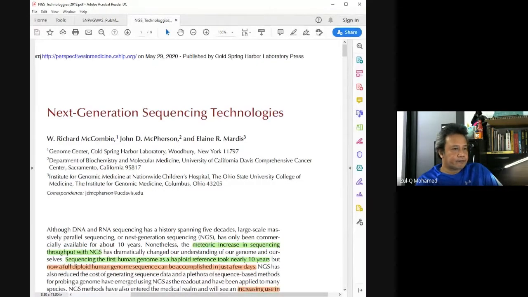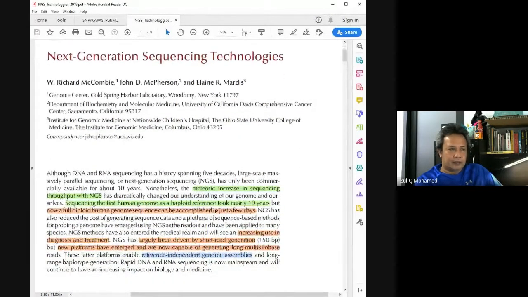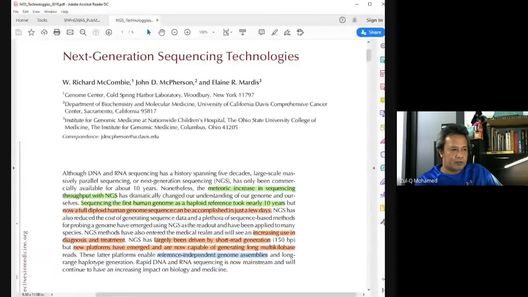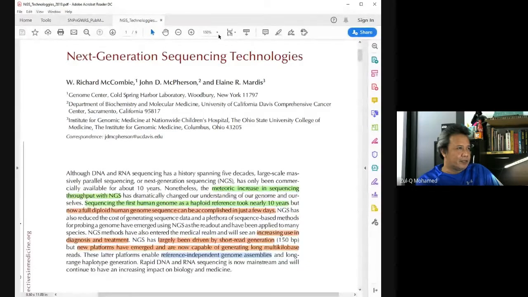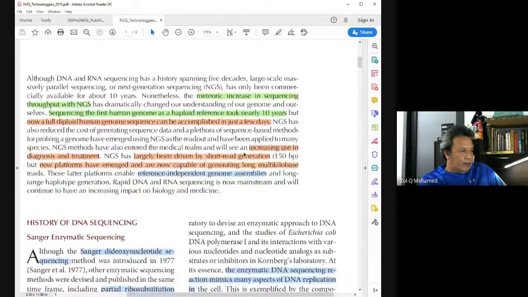I've highlighted what's important, but of course, don't just read the highlighted bits. And yes, we'll leave the abstract.